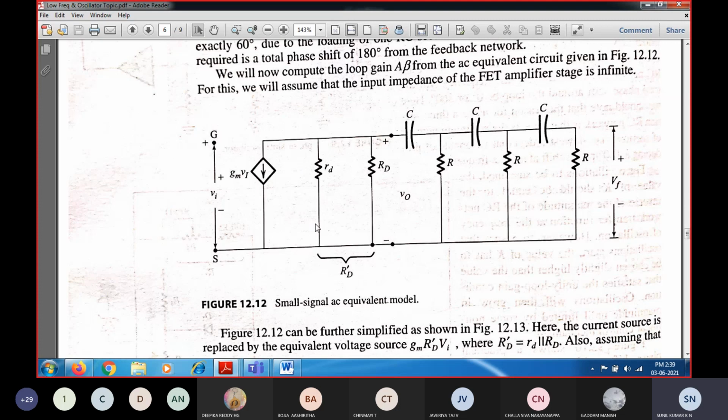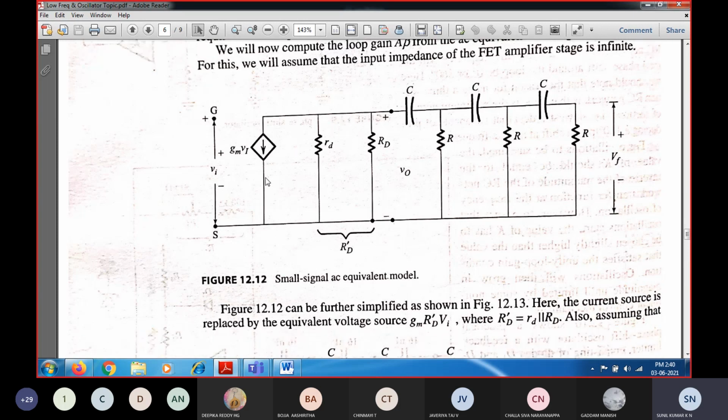In a parallel combination, the equivalent resistance is the smaller value, which is RD. This is followed by the R and C. We also know that the resistance used in the feedback network is usually very much greater than this equivalent RD dash, and hence it does not have any effect on the output characteristics.